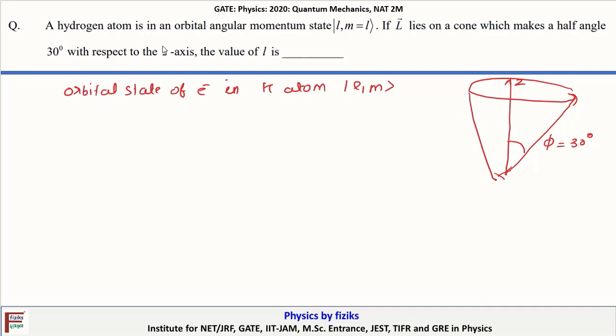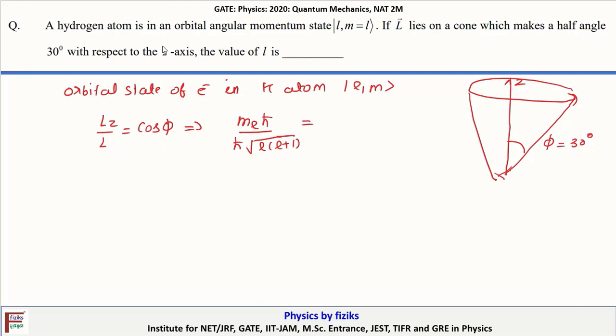So from the figure we can say Lz by L is nothing but equal to cos phi, which implies Lz has expectation value m_l h cross and L has h cross root over l into l plus 1.